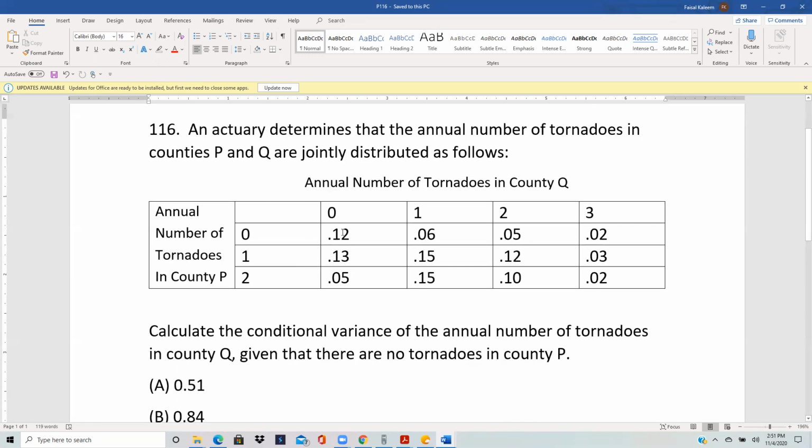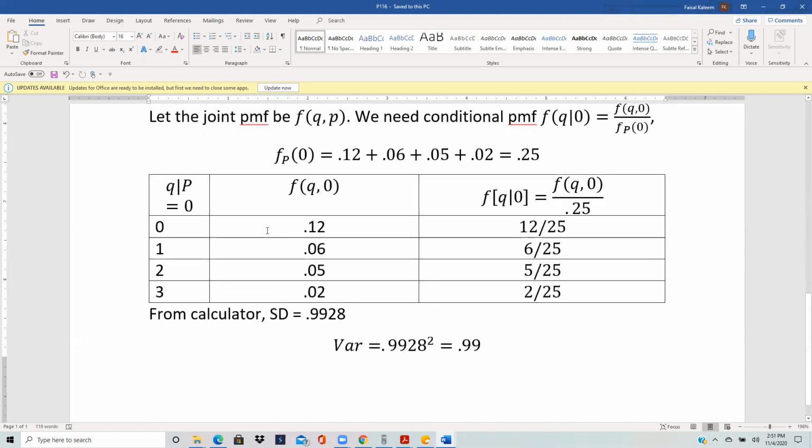So it's 0.12, 0.06, 0.05, 0.02, and then you divide each of these by the 0.25 to get these. And now we can do the variance on the calculator.